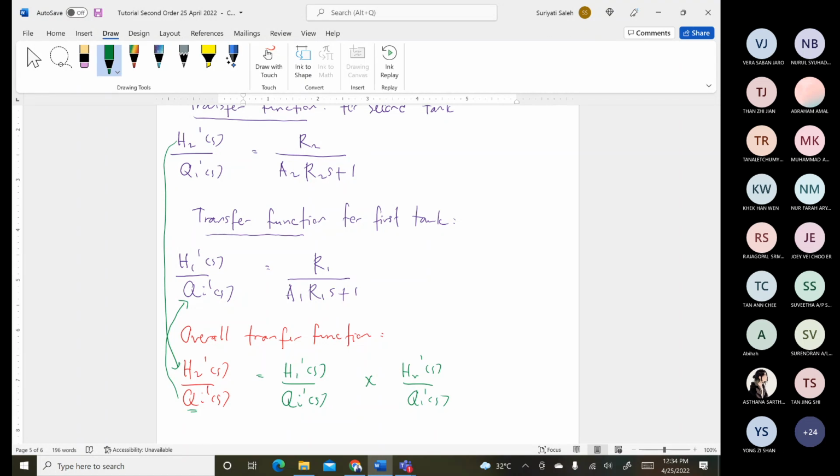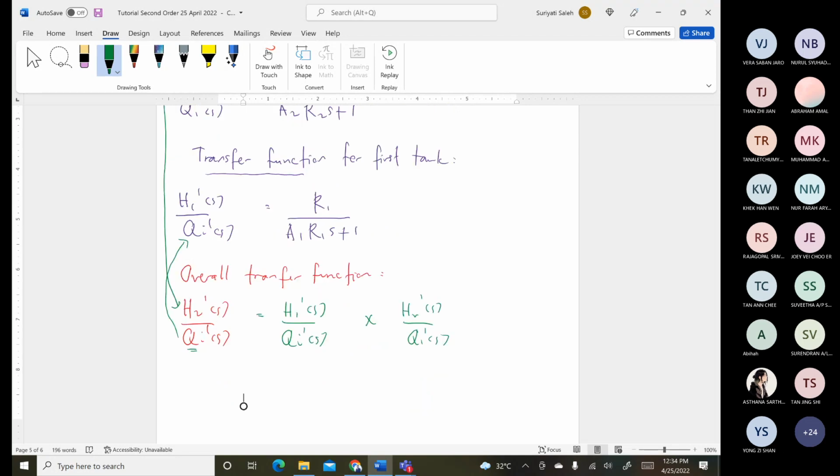However, if we try to multiply both transfer functions, we cannot cancel the variables. Although in the end we have the Qi and the H2, which are the desired input and output variables for the overall transfer function, how do we cancel the H1 and the Q1?